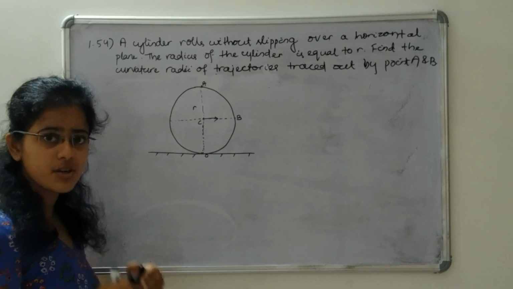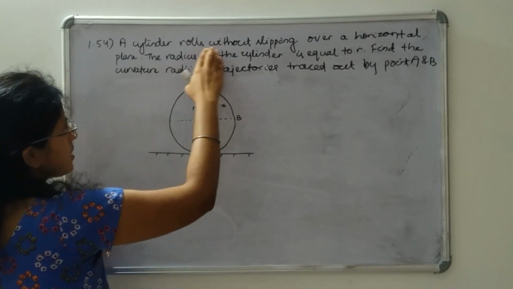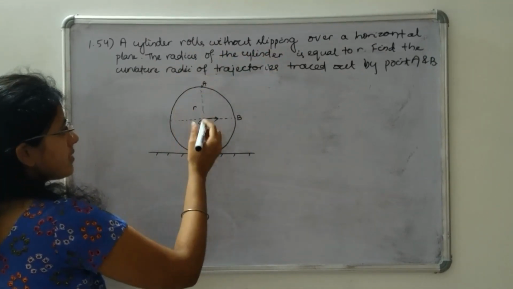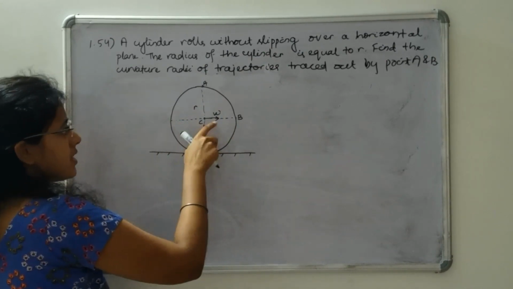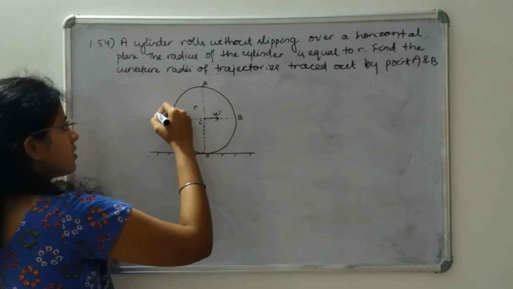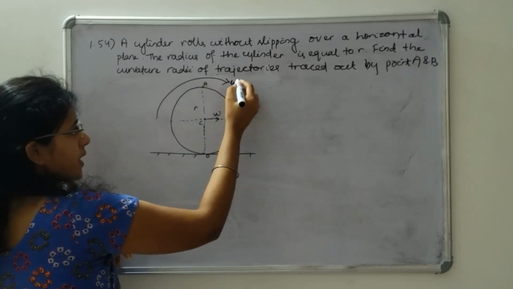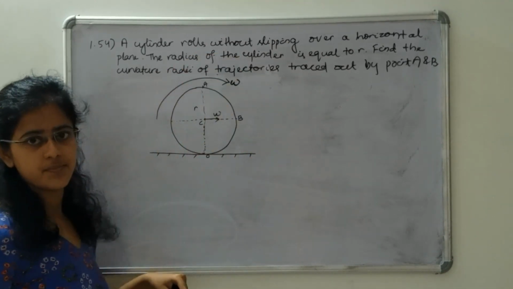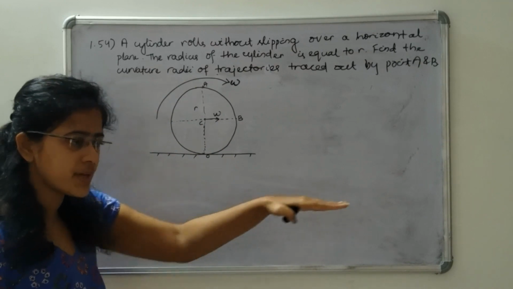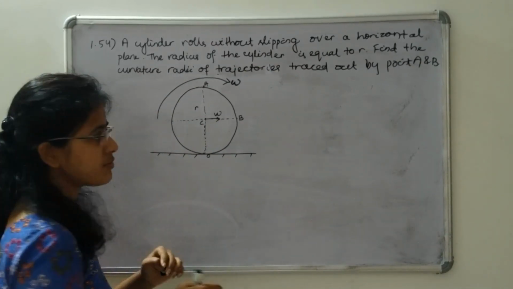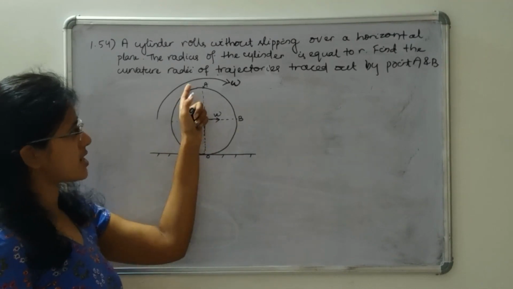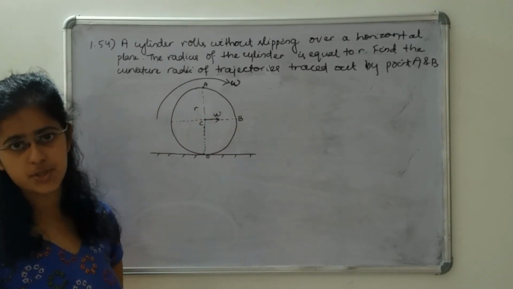But if you are in the ground frame, then as it is purely rolling without slipping, the acceleration with which it is moving in this direction is w, and the angular velocity is omega, with which it is rotating. It is rotating as well as moving in the horizontal plane. That means for the person in the ground frame, we have to derive the radius of the trajectory traced out by points A and B.